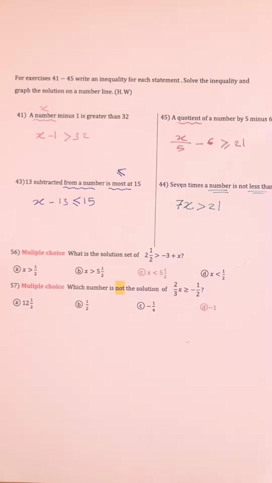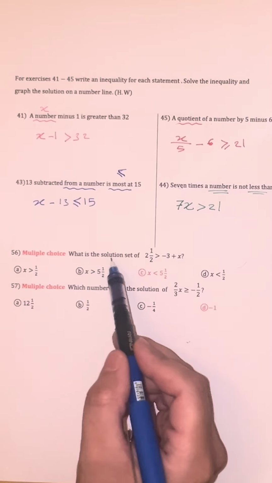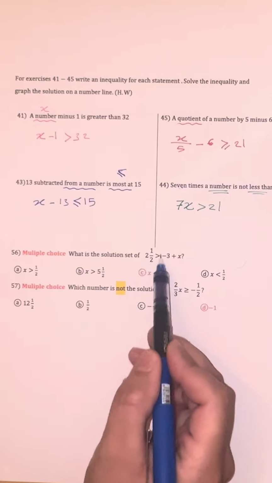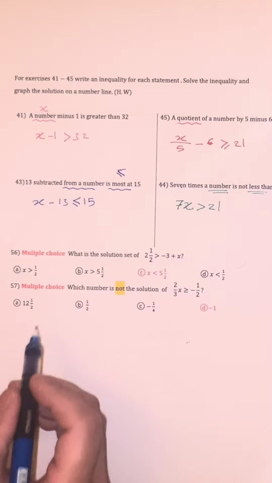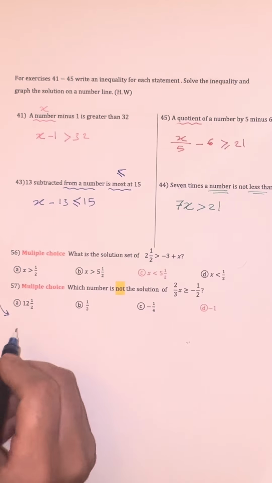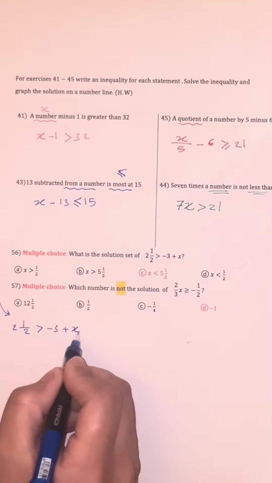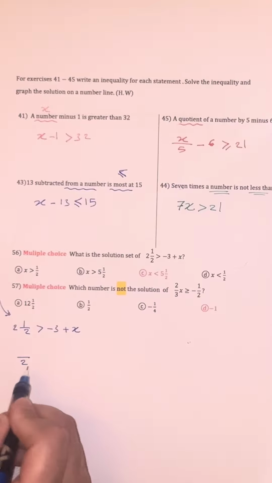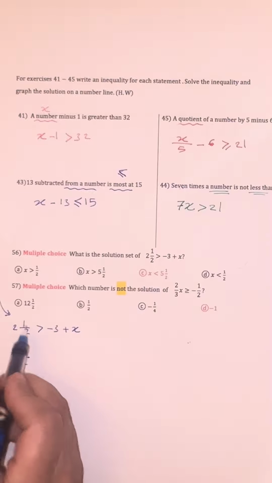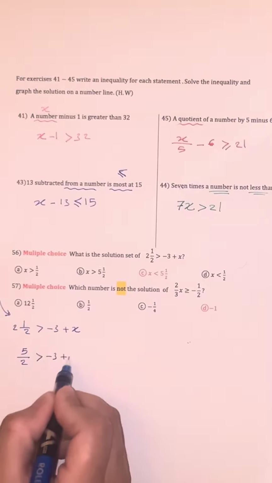And there are two multiple choice questions. I will solve them. For 56, what is the solution set of this inequality? As you see, there is a mixed number. I need to change it to an improper fraction. I will solve here. 2 and 1 over 2 greater than negative 3 plus x. Okay, I will change it to an improper fraction with the denominator as it is. 2 times 2, 4 plus 1 is 5 greater than negative 3 plus x.